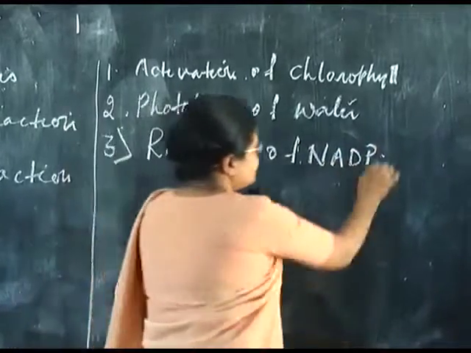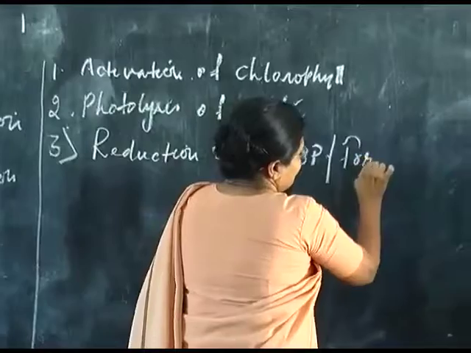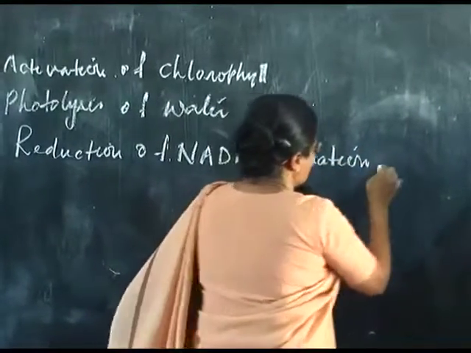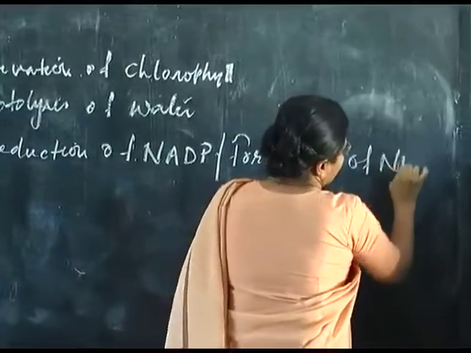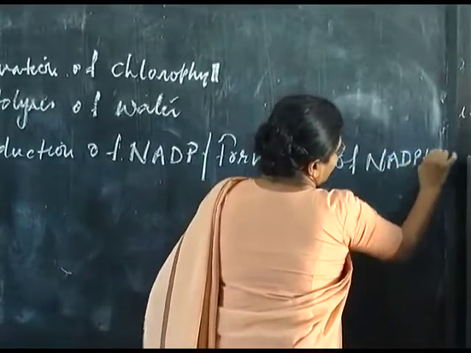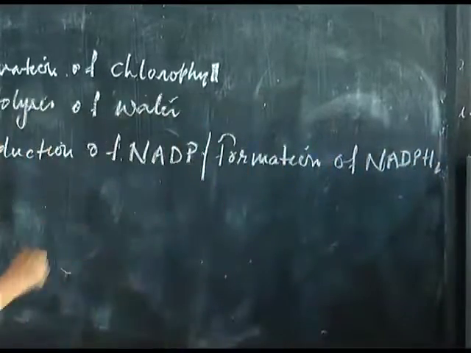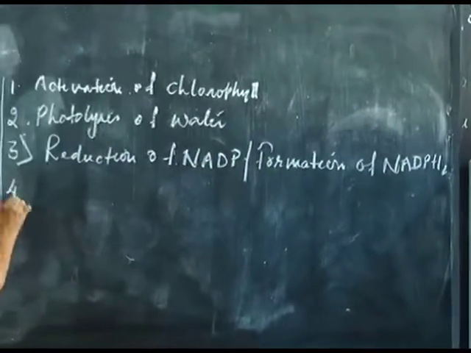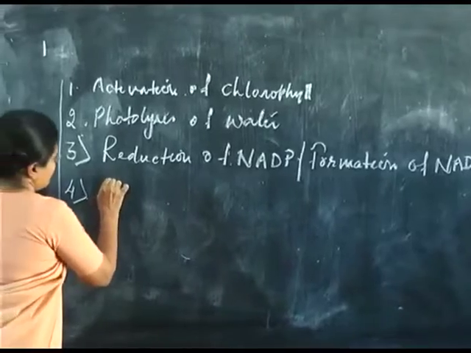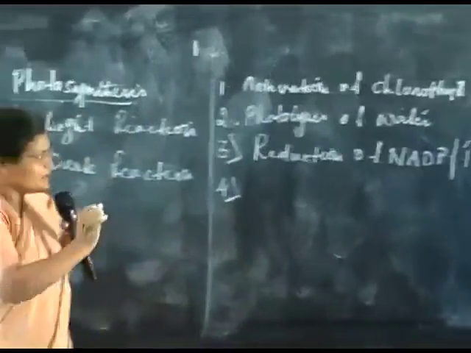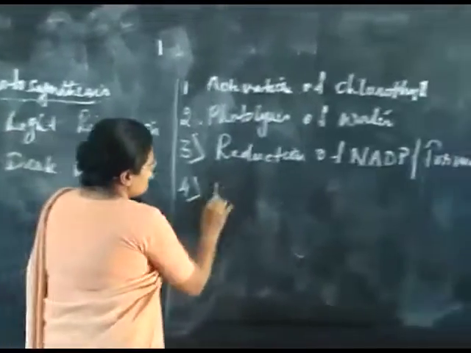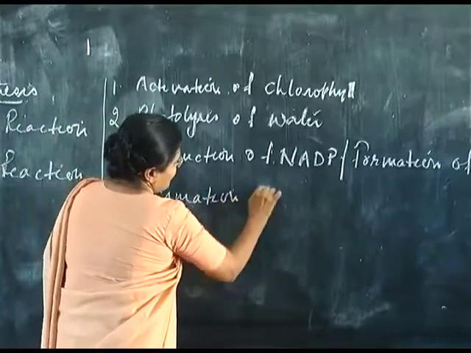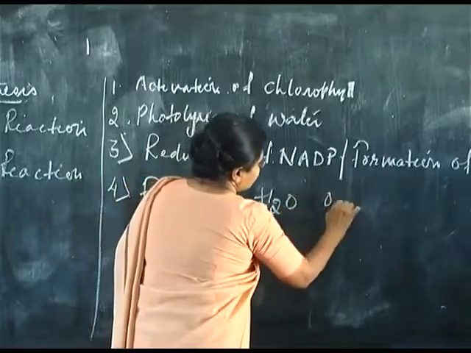Or formation of NADPH2. Sometimes they will use the word formation in the examination, so you need to get used to all the terminologies. I'll tell you later why it's called formation and why it's called reduction here. Number 4, it's not in your book, I'm just putting it because often the question comes: formation of water molecule and oxygen.